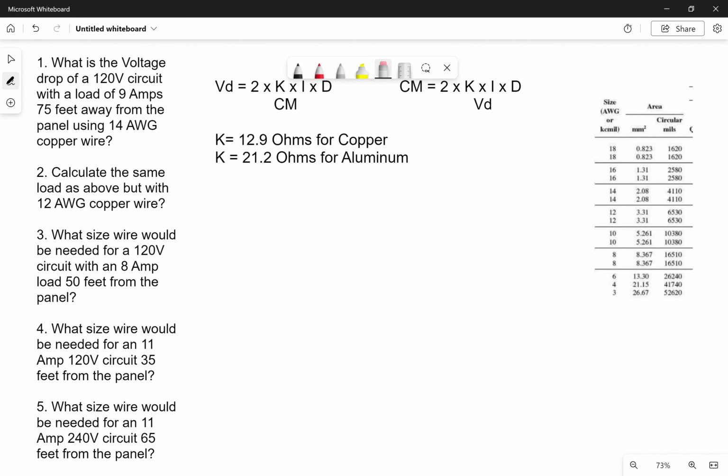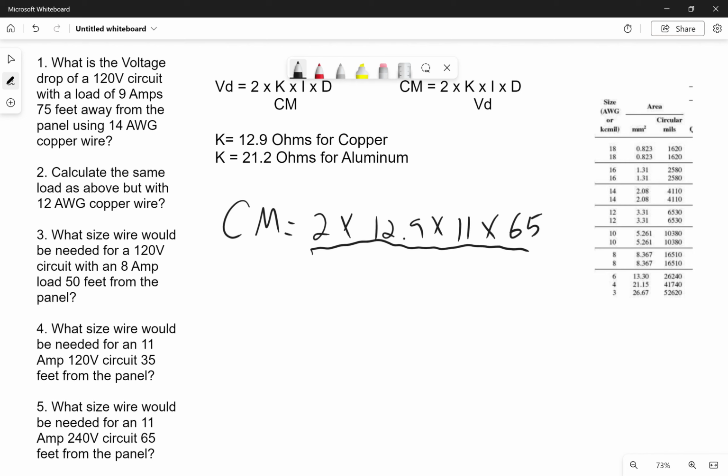So looking for the size of wire, circular mills equals 2 times K, once again is 12.9, times our amperage, which is 11, times our distance, which is 65, all over 240 times 0.03 is 7.2 volts.